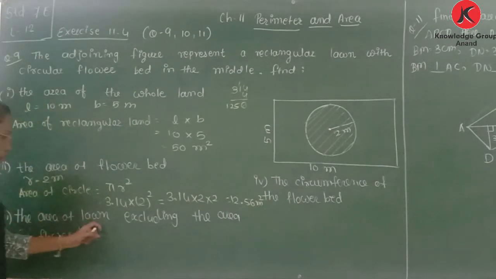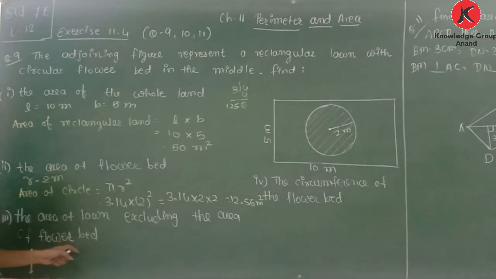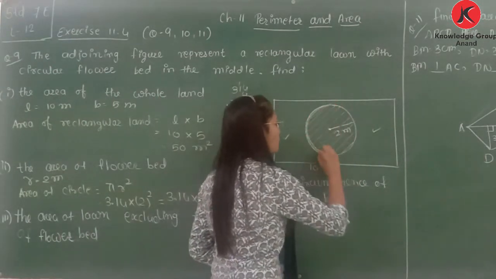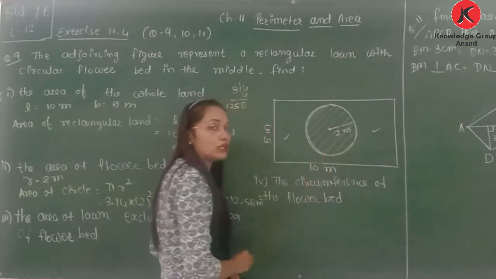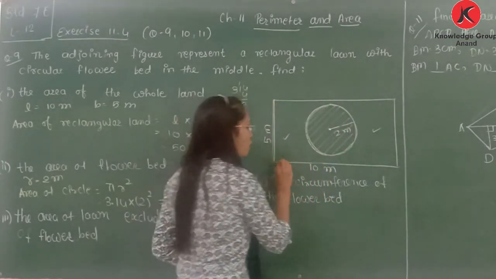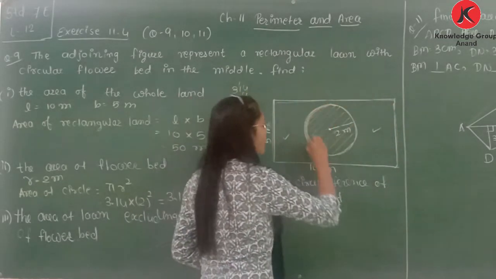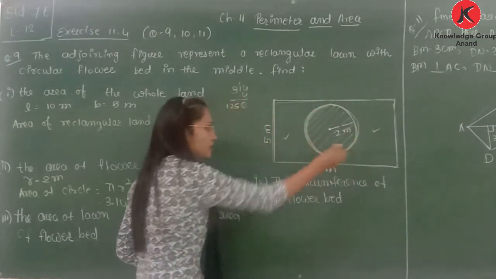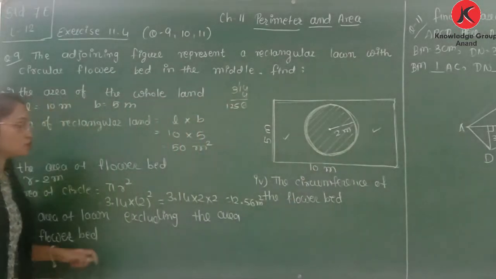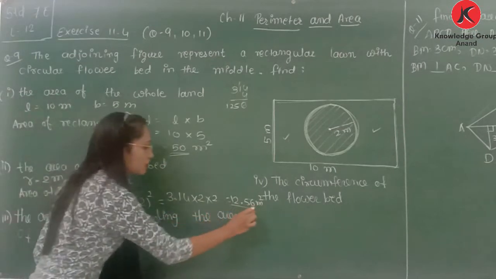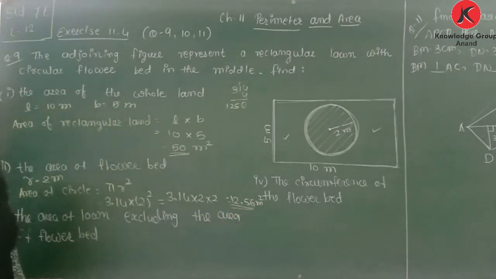Now the next question: the area of the lawn excluding the area of the flower bed. Here you need to find this area, excluding the flower bed. How can we find it? If we subtract the area of this circle from the area of the rectangle, we get the area of the remaining lawn. The area of the rectangle is 50 meters square and the area of the circle is 12.56 meters square.